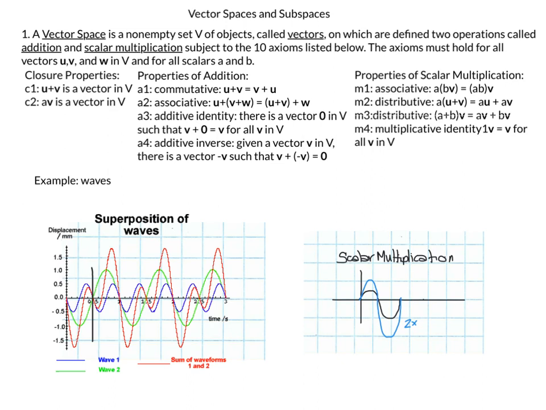And the way we're going to define vector addition is superposition of waves, which you might have learned in physics. You basically go point by point and add the value of wave 1 to the value of wave 2. So at this black line, both the blue and the green wave are at 0, so our sum of the two waves, the red wave, is also going to be at 0.